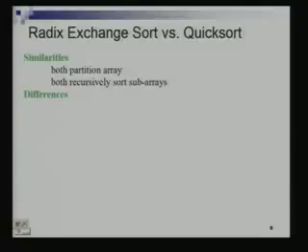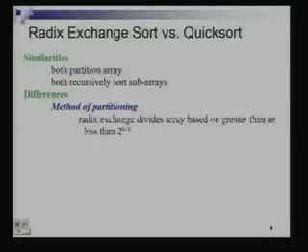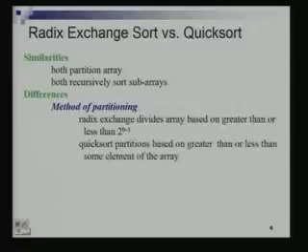We are saying anything more than 2 to the b minus 1 goes in the bottom half of the array, anything less than 2 to the b minus 1 goes in the upper part of the array. So it is the method of partitioning which makes the difference. In radix exchange, we divide the array based on whether the number is larger than 2 to the b minus 1 or less than, while in quicksort we are partitioning based on a pivot element.